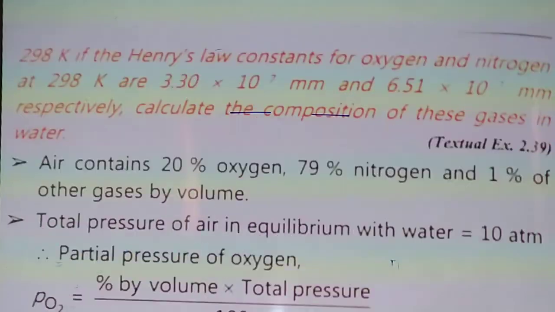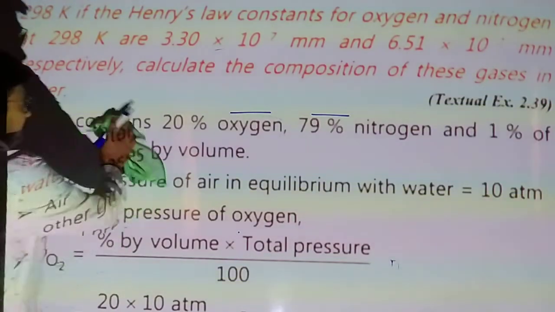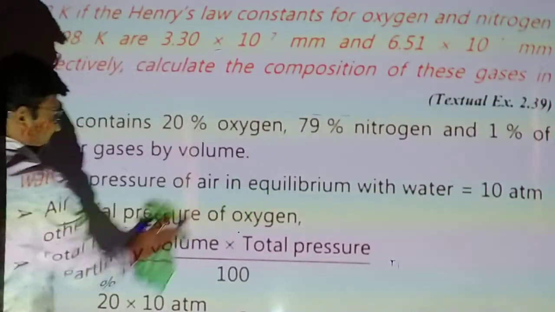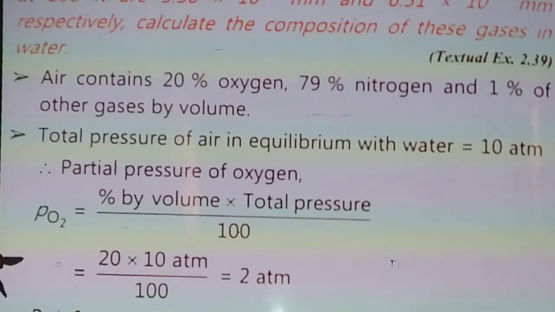If the Henry constant for oxygen and nitrogen at 298 Kelvin is 3.30 × 10⁷ and 6.51 × 10⁷ millimeter, calculate the composition of these gases in water. Air contains 20% oxygen, 79% nitrogen, 1% other gases, so the total will be 100.